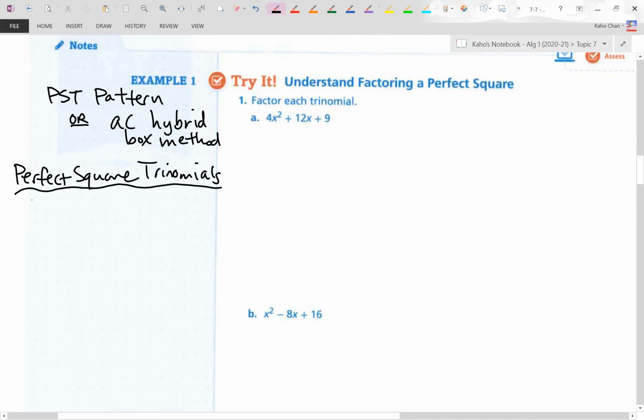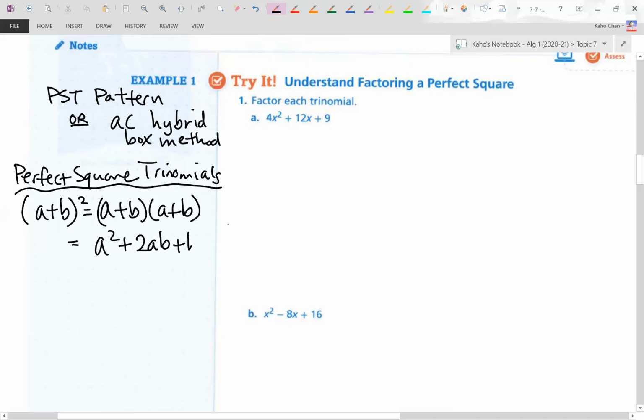If you take a binomial and you square it, you'll get a squared plus 2ab plus b squared. Notice that 2ab right there is doubling the product of the square root of the terms on the end.